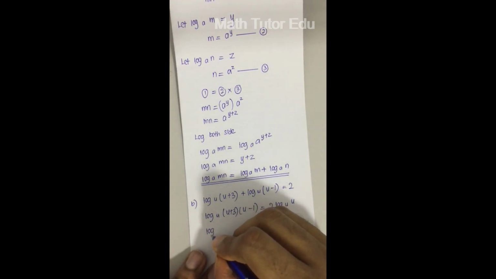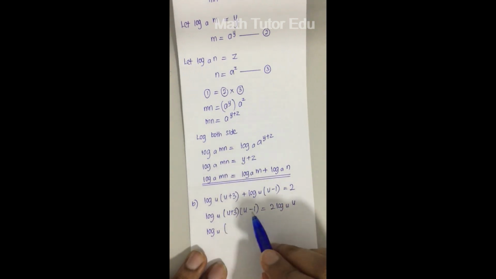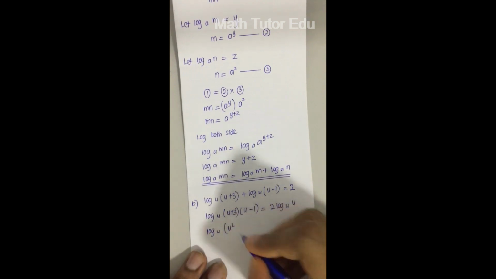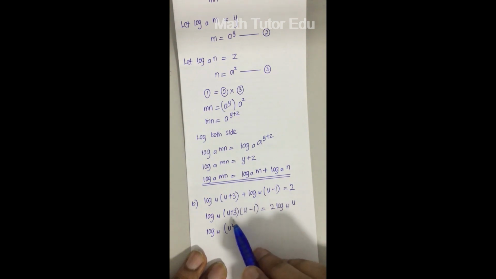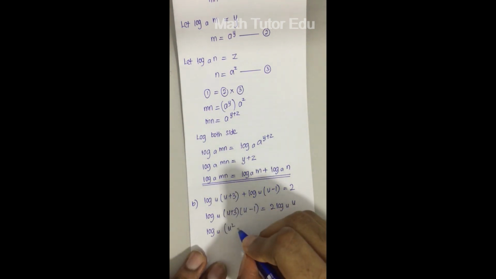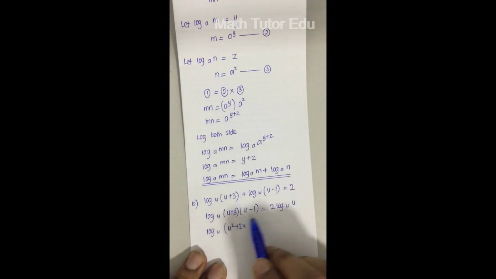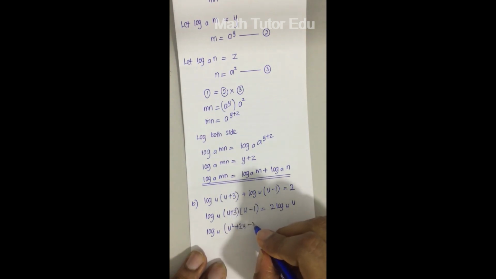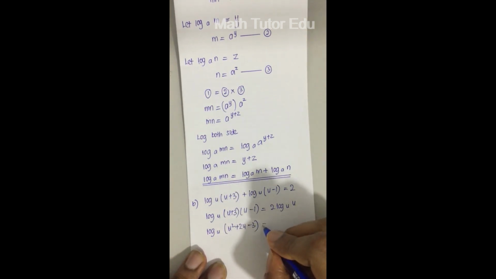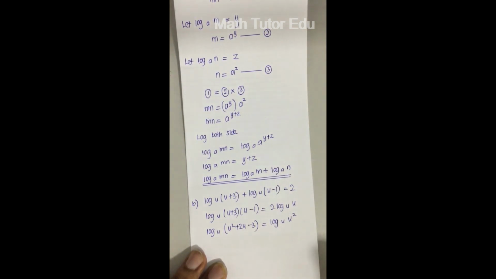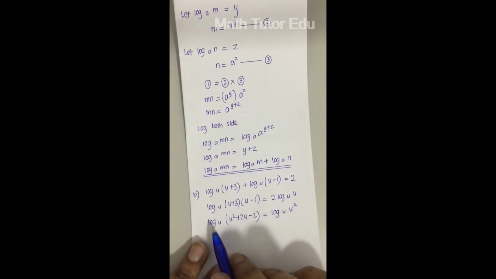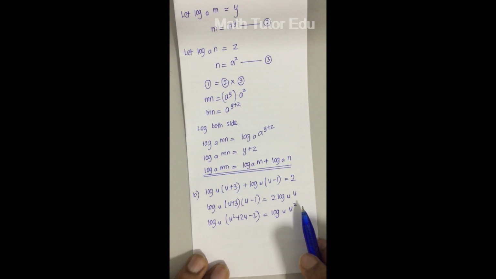So from here, log u of (u times u, you get u squared, negative u and then plus 3u, you get plus 2u, 3 times negative 1, you get negative 3), equals log u squared. Okay, once you notice that you can no longer simplify, what you can do is cancel the log on both sides of the equation.